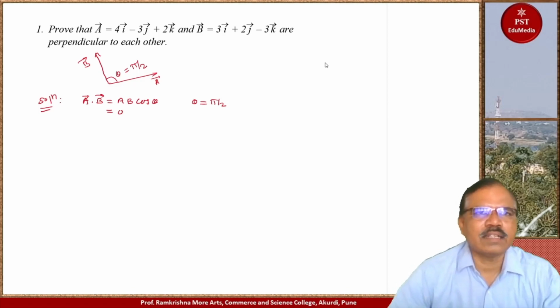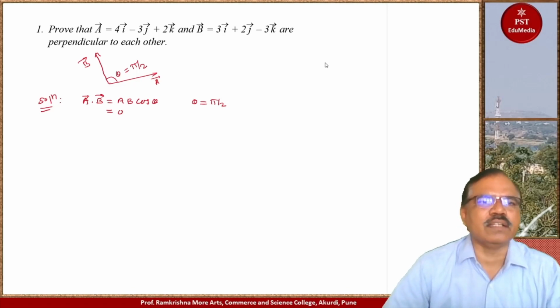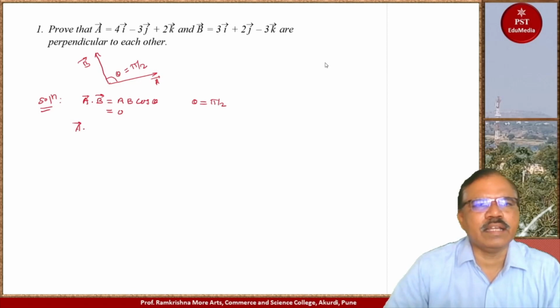Then the vectors are perpendicular to each other. So here what is A dot B? A dot B is equal to AX BX plus AY BY plus AZ BZ.